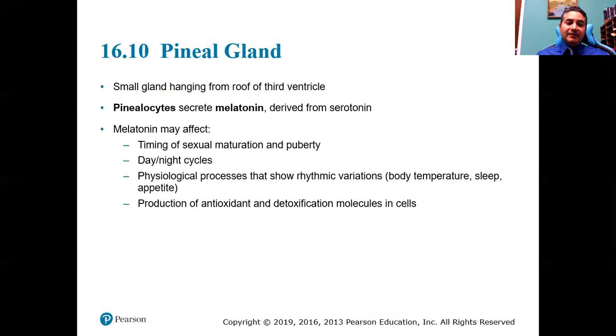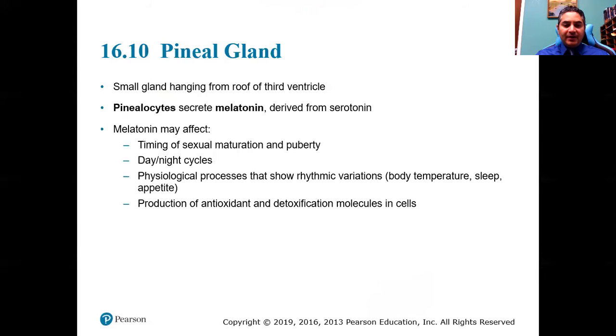Melatonin, think of those gummies that people take, right? Now, let's go through this and then we'll discuss a few things. Derived from serotonin. Now, what are the effects of melatonin? It could also have timing of sexual maturity and puberty, but most of us think of melatonin as the cycles for day and night. It can really throw people off when they're doing night shifts as well.